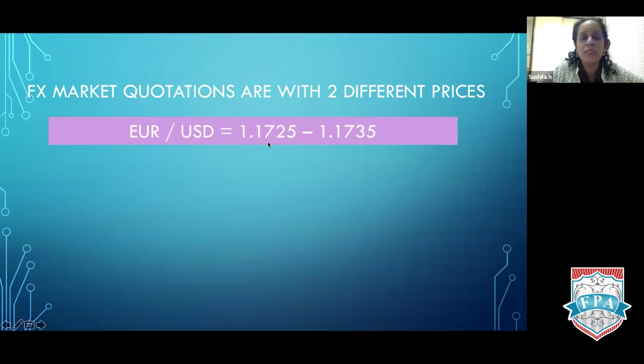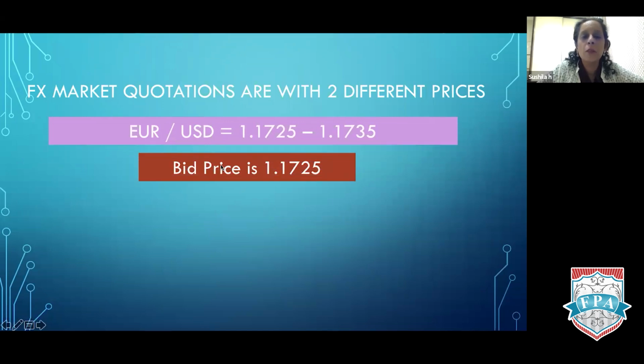There are two prices over here. You can see 1.1725 dash 1.1735. What does this mean? This means the bid price. They will buy the currency at 1.1725. What currency will they buy at 1.1725? Euro.